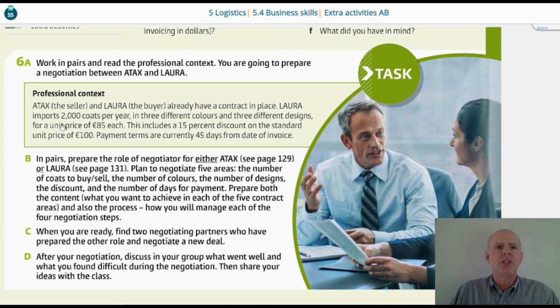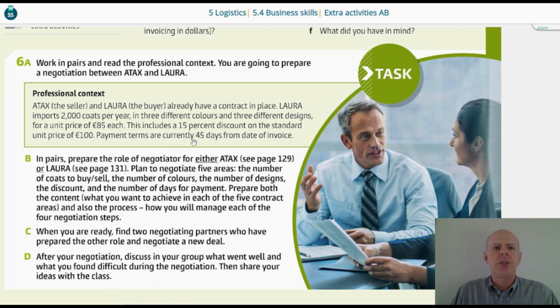Laura imports 2,000 coats per year in 3 different colors and 3 different designs for a unit price of 85 euros each. They're not very cheap coats, right? This includes a 15% discount on the standard unit price of 100 euros.